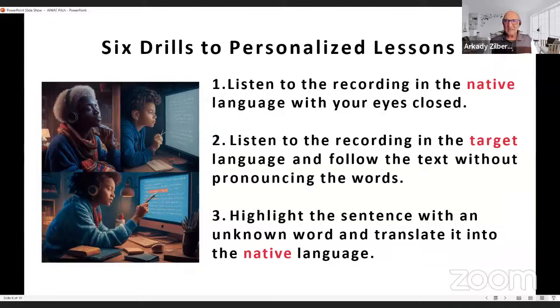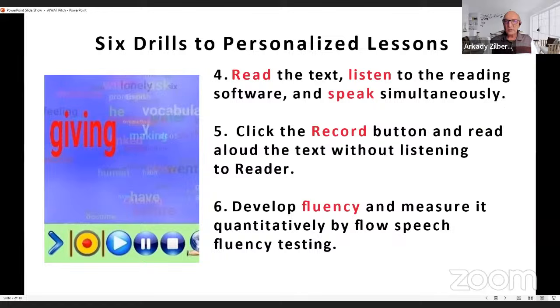You visualize your translation as an image, and when you return to the target language, it becomes already understandable to you. I will demonstrate all those drills on a lesson in a minute.